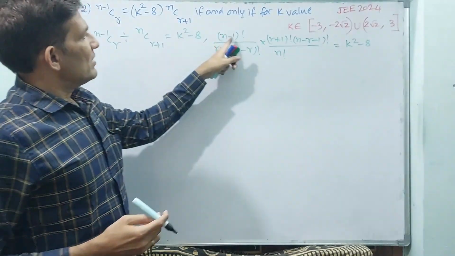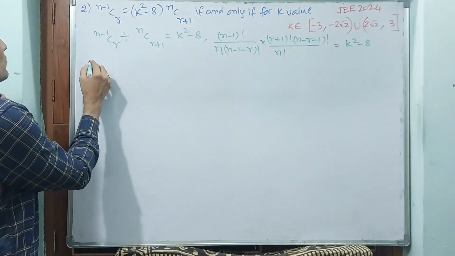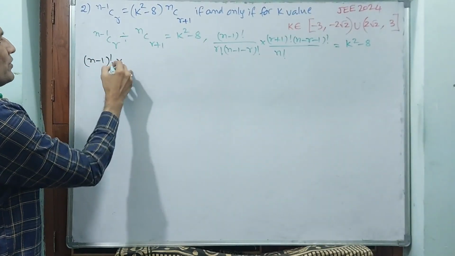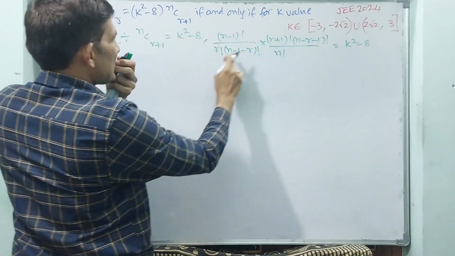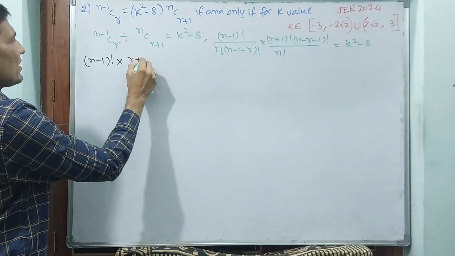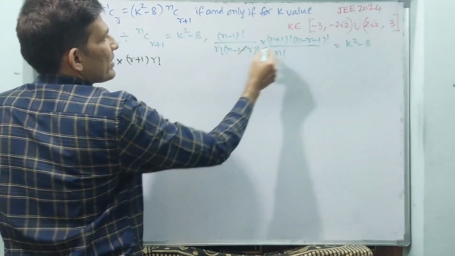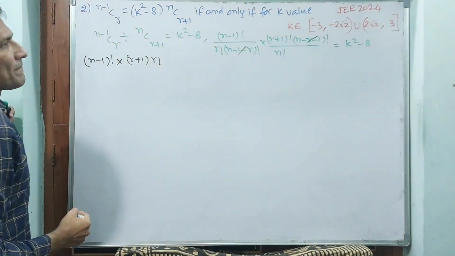Now see here, n minus 1 is there, here n is there. You don't do n minus 1, you keep it like this only. Into, see, in the numerator I am seeing r plus 1, but r is there. That means r plus 1 into r factorial. See n minus 1, n minus 1, this factorial you cancel out.